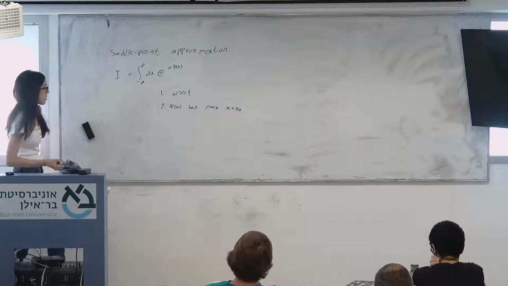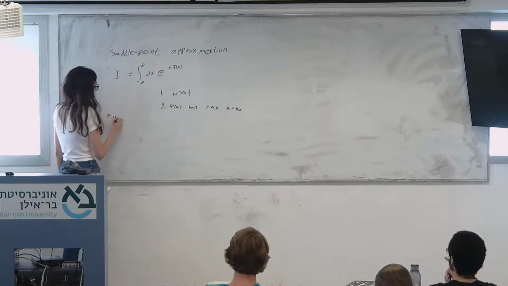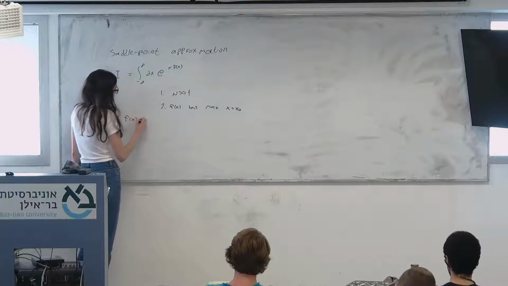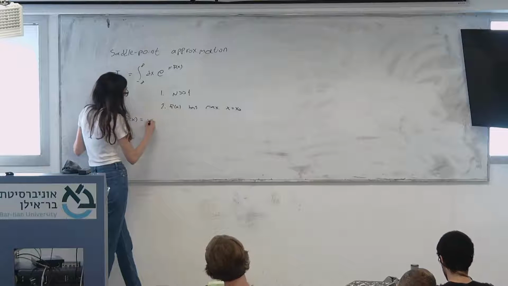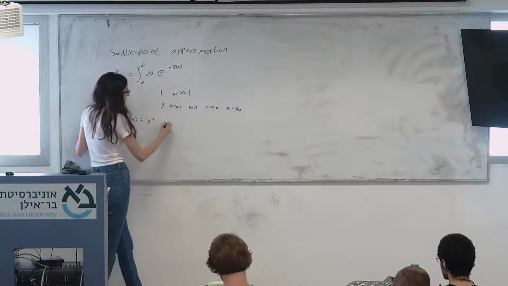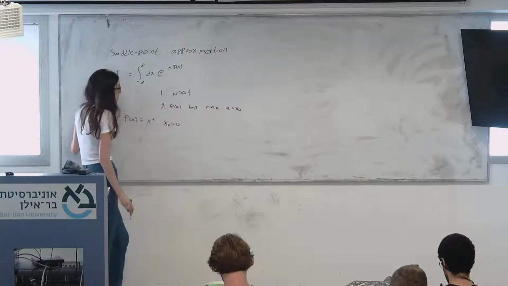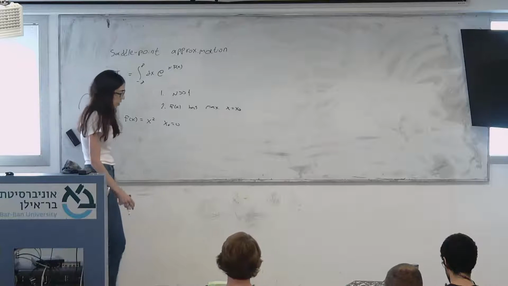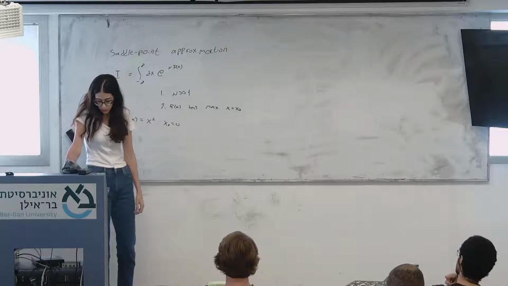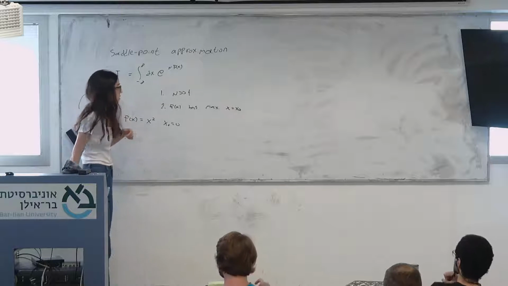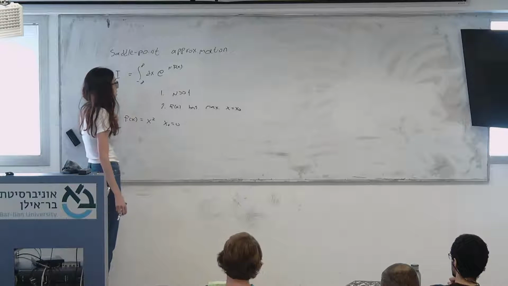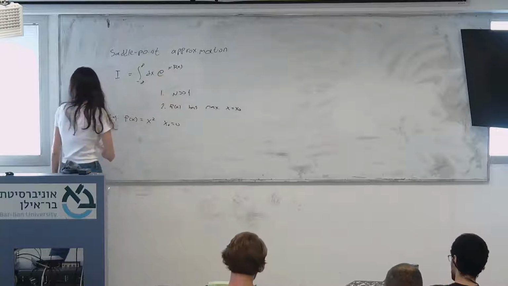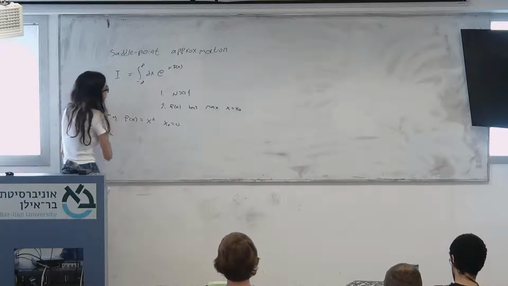For example, if f of x is equal to x squared, so x0 is equal to 0, we have something like that. If n is a very large number, what happens?